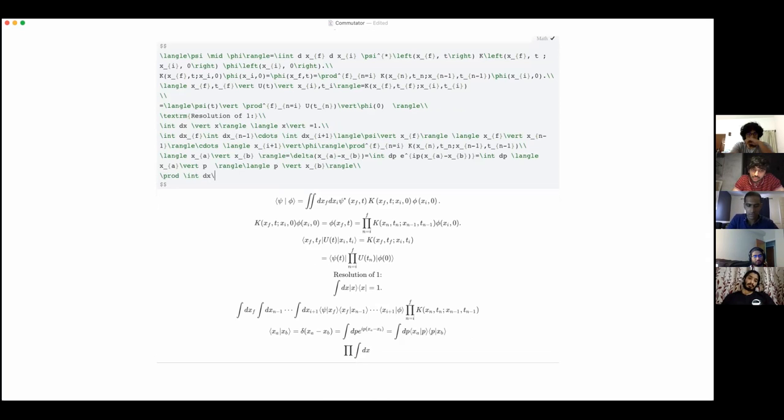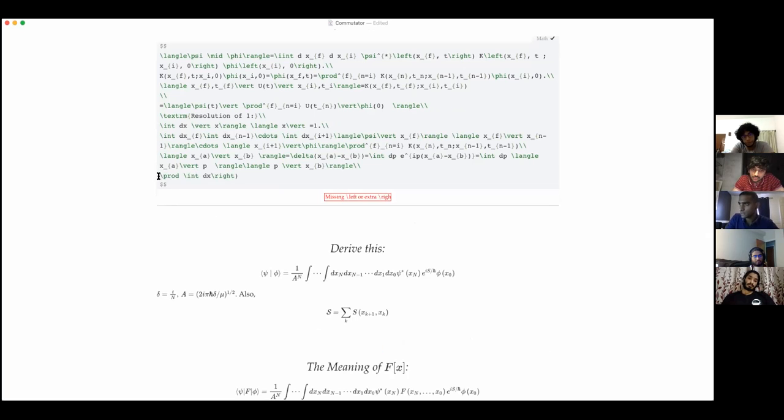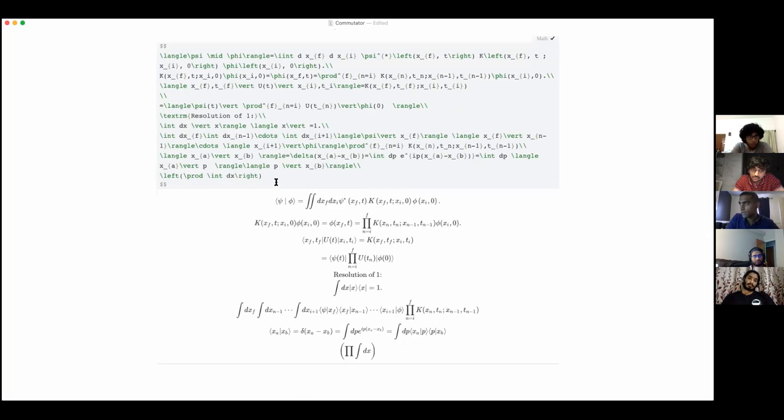a product of integrals of dx. It basically converts to the sum in the exponential. A product of integrals of dp. I won't write down the indices because we've already confused ourselves amply with that. But by now we should be clear what these things mean. So you have this p_f to p_i, x_f to x_i, so i plus 1, whatever.